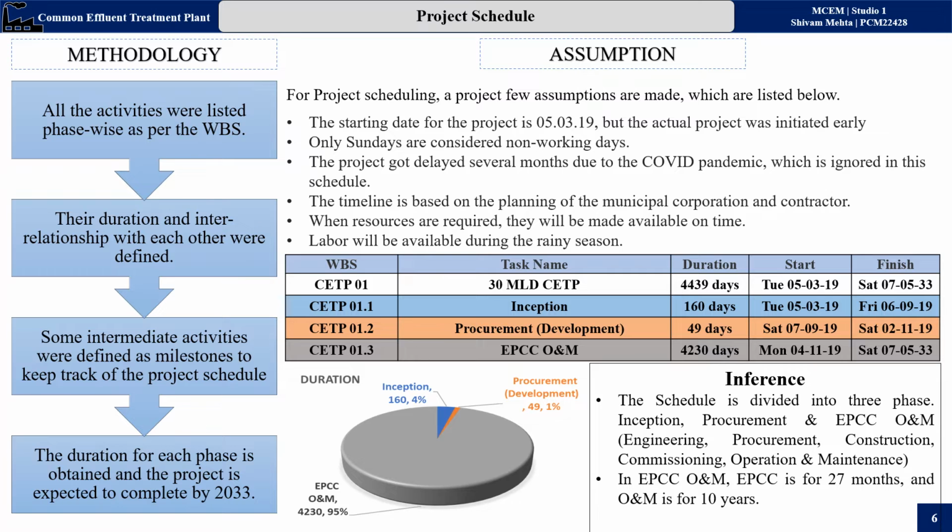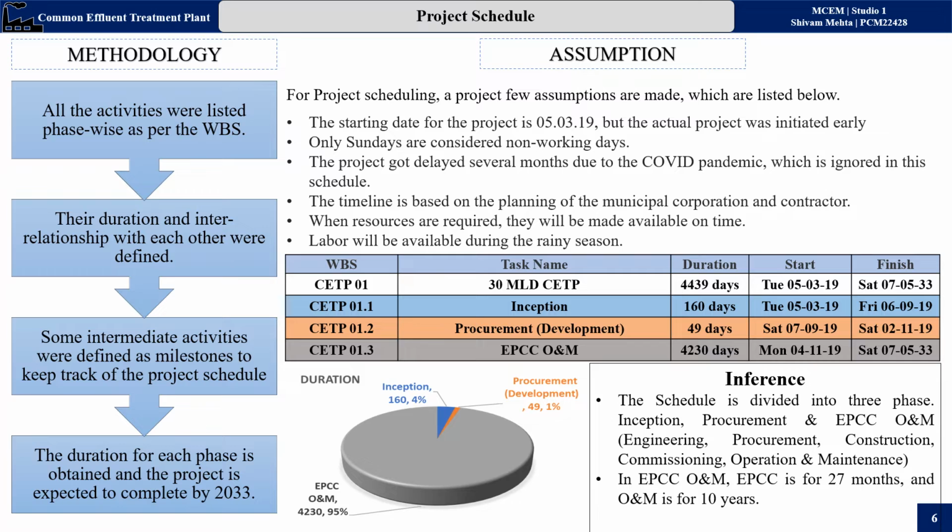The duration for each phase is optimized and the project is expected to complete by 2033, which includes operation and maintenance of 10 years. The assumptions for the project were: the project starting date is 5th of March 2019, but the actual project date was quite earlier, and only Sundays were considered as non-working days.